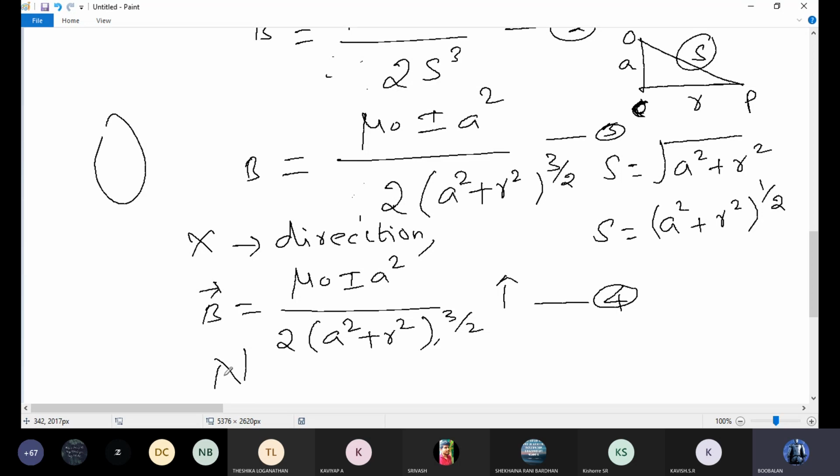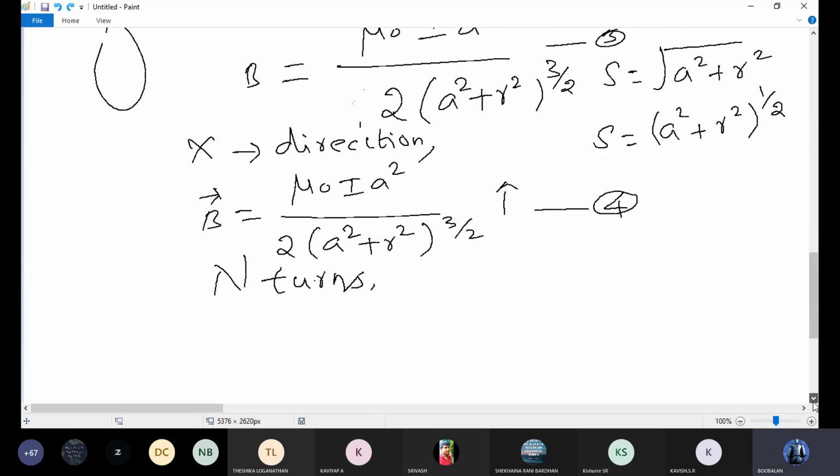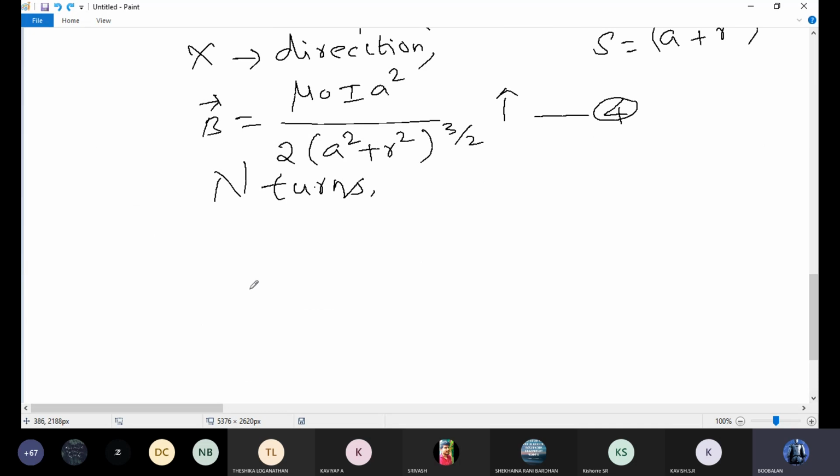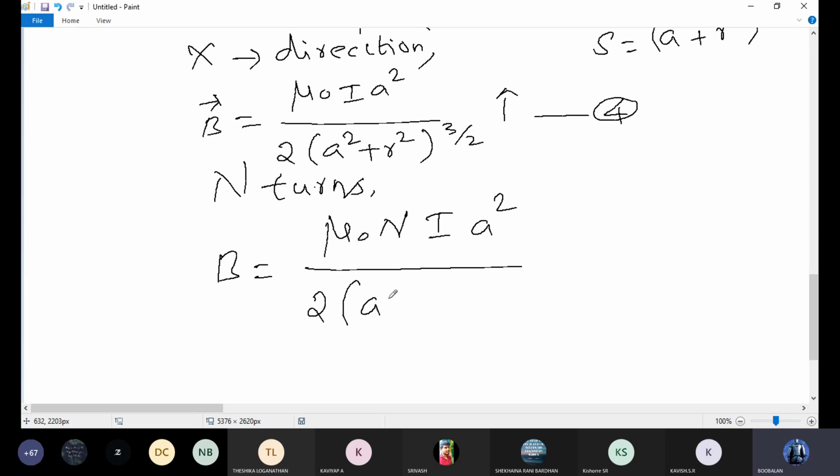N number of turns means then you will get B equal to mu naught N I a square divided by 2 into (a square plus r square) power 3 by 2. This is equation number 5.